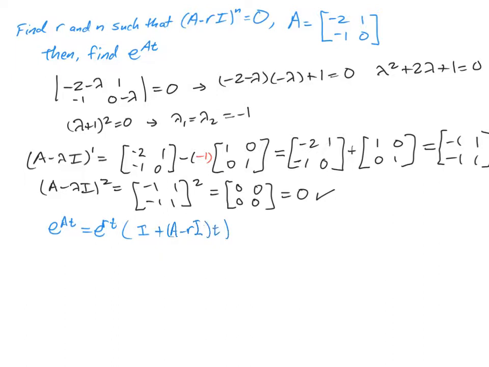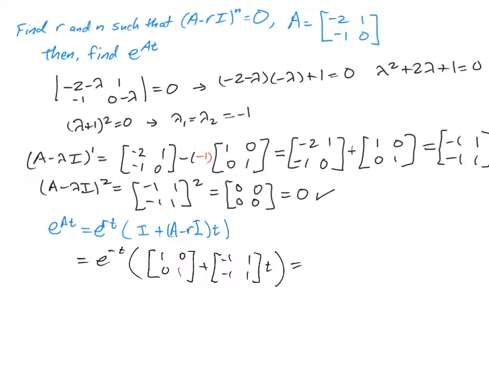All right, so for us, that's going to be equal to e to the -t times our I, which is 1, 0, 0, 1. And then we found our matrix A minus rI already. That was our -1, 1, -1, 1. And again, that's times t.